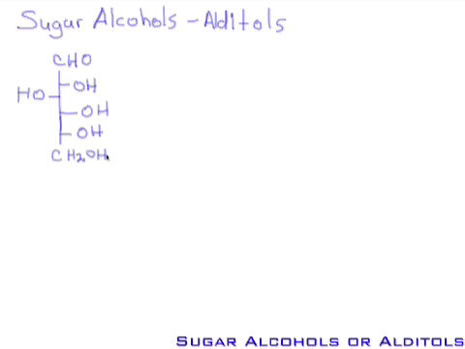In biological systems, this would be done by an enzyme, but in the laboratory, we can use H2 gas and platinum as a reducing agent. Or, alternatively, we could use sodium borohydride. Either reagent will take the aldehyde to an alcohol.